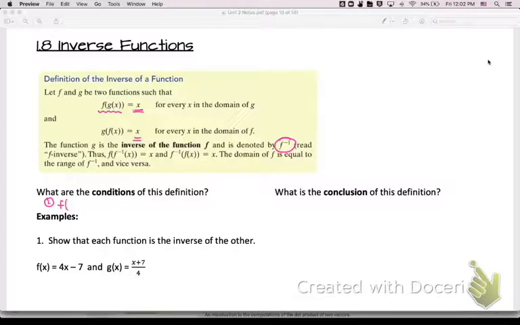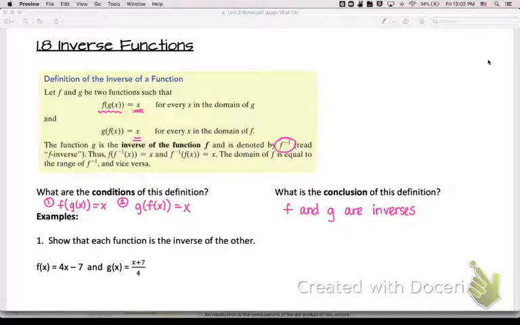First, we have to show that f of g of x equals x, and the second condition is the reverse of that, g of f of x equals x. If we have shown both of those things to be true, then the conclusion we can draw is that f and g are inverses.